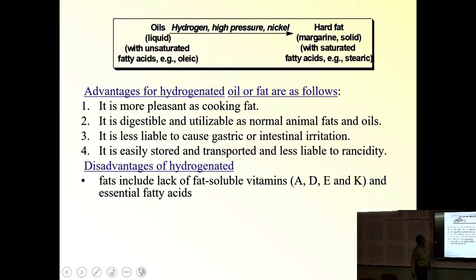Therefore, you have to use oil or liquid with unsaturated fatty acid only, converting it into stearic acid, that hard fat margarine.